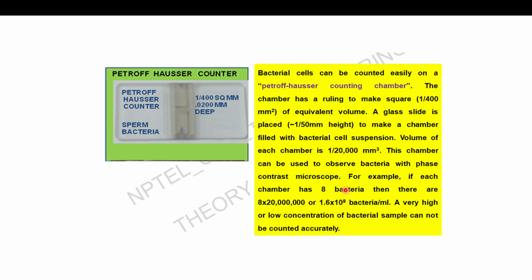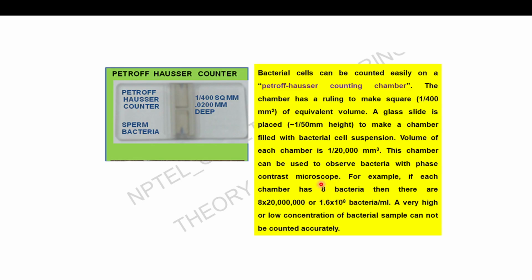Suppose you are able to count 8 bacterial cells in this particular chamber. The chamber's dimensions are calculated in millimeter cube. Now, 1 millimeter cube is there, and each square can contain a volume of 1 by 20,000 millimeter cube.